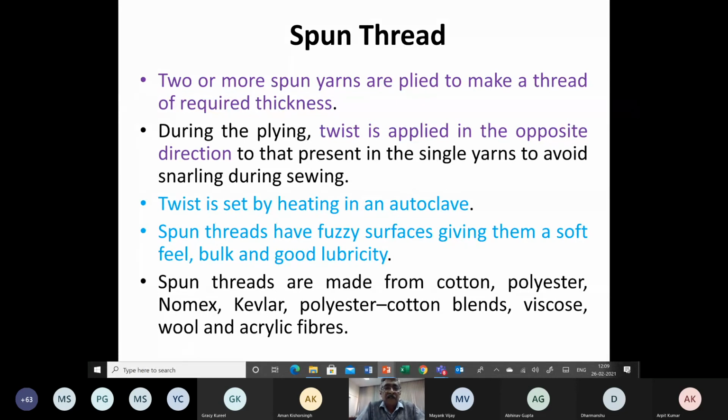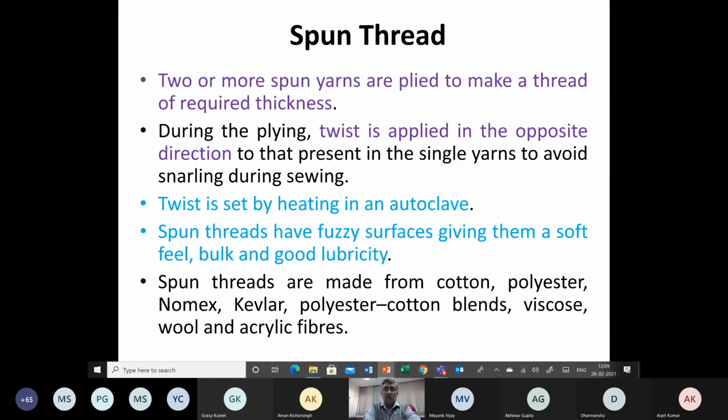And that is called good lubricity. That means low friction between the thread and the machine parts of the sewing machine. And it may give high friction between the threads and the fabric yarns, which is good.